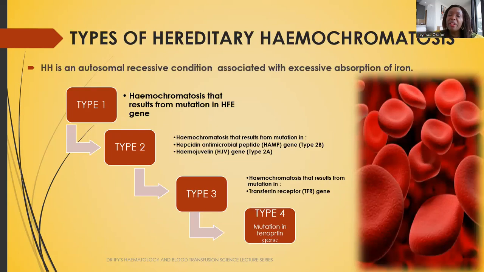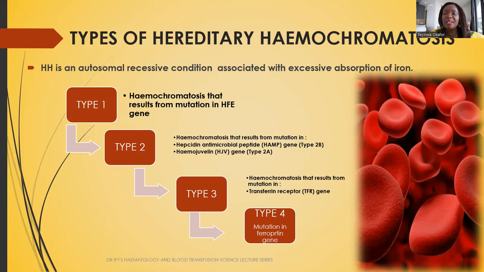Hereditary hemochromatosis is divided into 4 different types. We have type 1. Type 1 occurs as a result of mutation in the HFE gene. We have type 2.